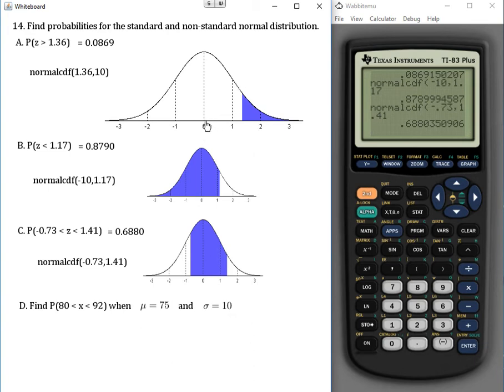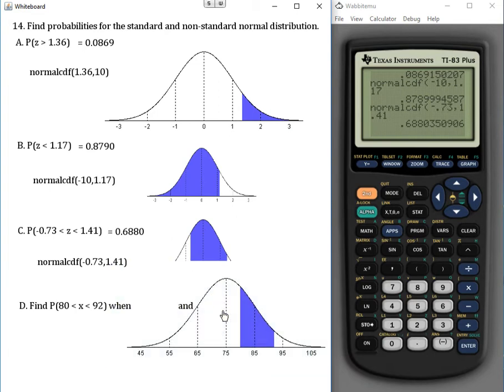The mean is 0 and the standard deviation is 1. The only difference here is my mean is 75, so 75 is going to be in the center. My standard deviation is 10, so I'm going to have this first value is 85, then 95, and 105. And going the other direction, 65, 55, and 45. So let me draw that and show you what I mean.